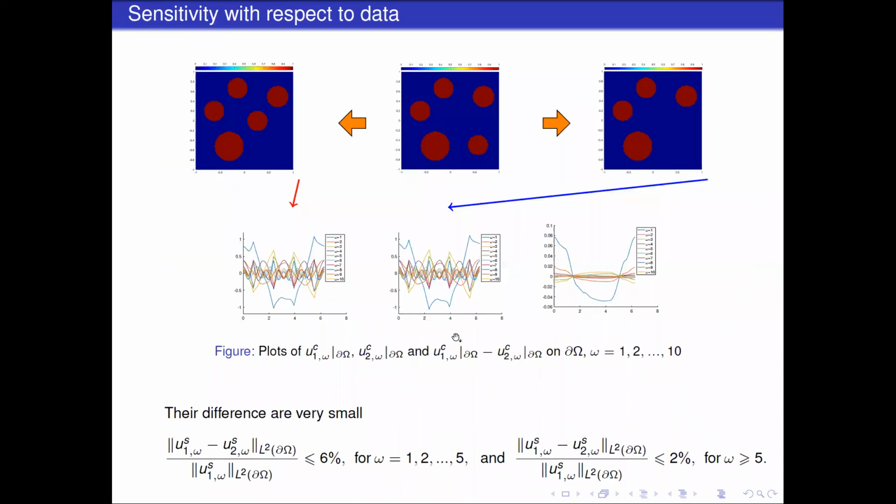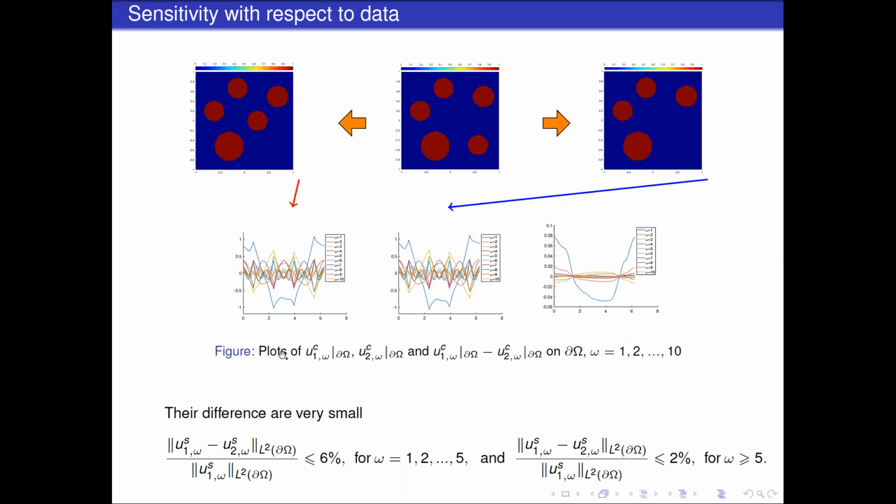Okay, so let's look at some more interesting tests. In this case, we want to test the sensitivity of the algorithm with respect to the boundary data. First we focus on this case of 5 circles, and we first move this circle to somewhere near the center, and then we completely remove this circle and obtain this case of coefficient.